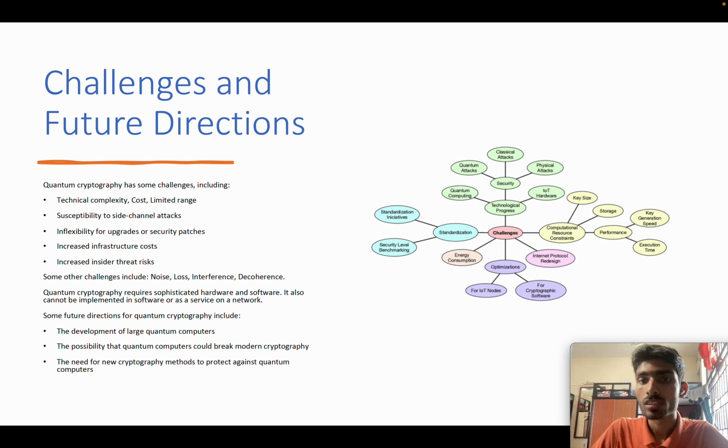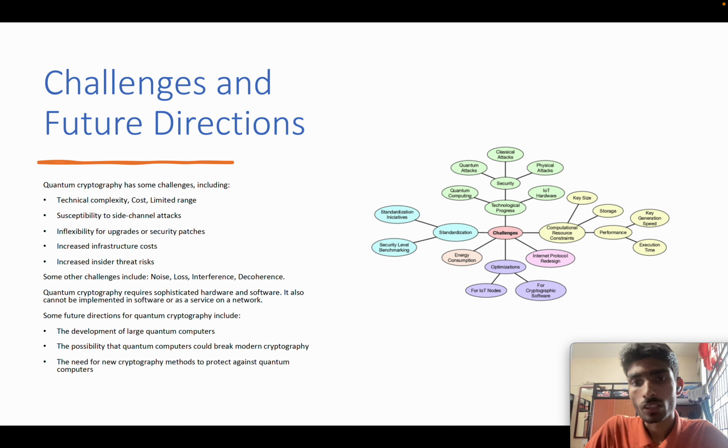Computational resource constraints include key size, storage, performance, key generation speeds, and execution time. We have to take care of all these aspects, and it may become a hurdle if we don't overcome them.